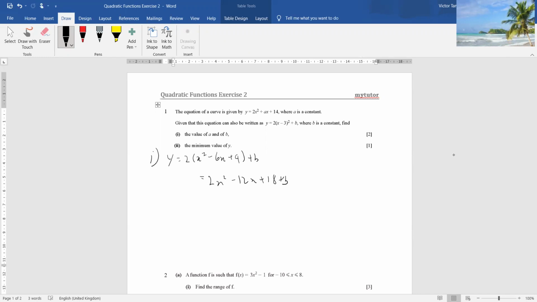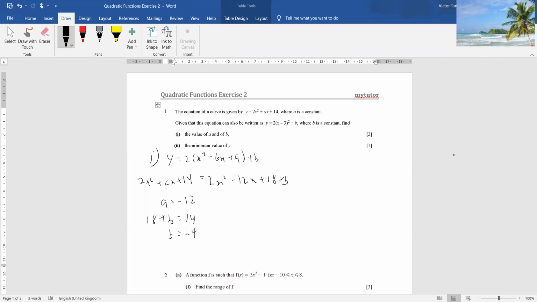So this is equivalent to 2x squared plus ax plus 40. So when you have that, you can always compare the coefficient of x. a will be minus 12. 18 plus b will be 40.